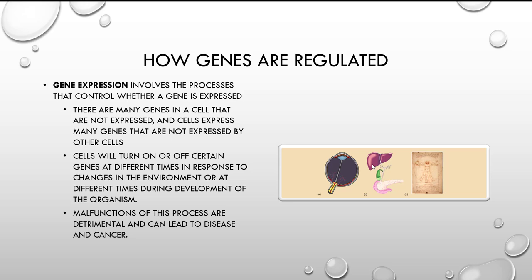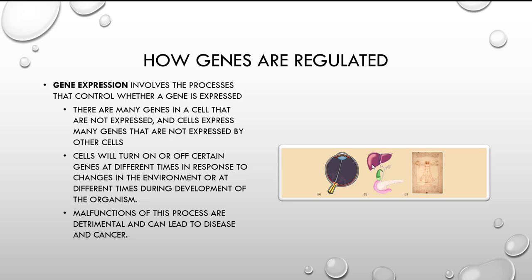When you're in an embryo, you might have a certain gene that got turned on for a different stage of embryonic development that then gets shut off when you're born. So certain things turn on and off at different stages of your life, or based on different environmental factors.